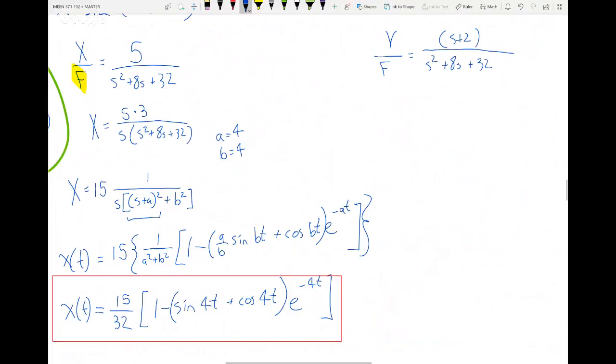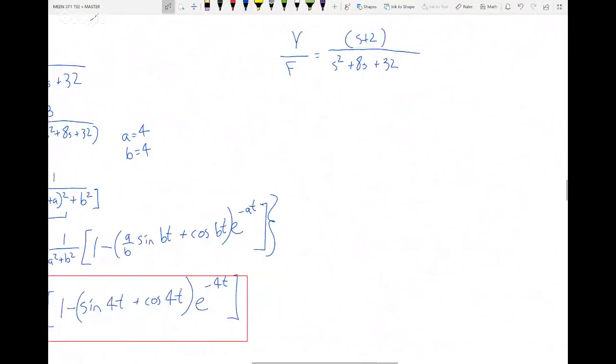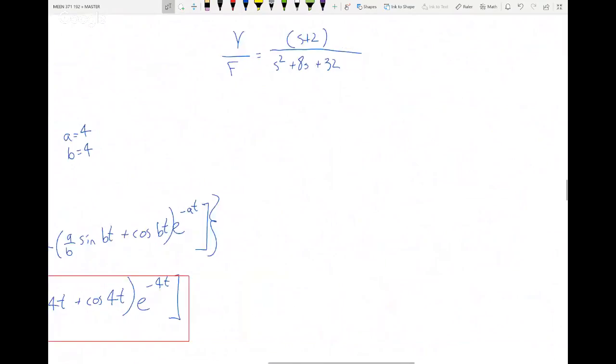Now when we add this F, it gets a little bit interesting, but not too bad. So Y now is going to be equal to (3s plus 2) over s times (s squared plus 8s plus 32). So what we have here is a polynomial on top.